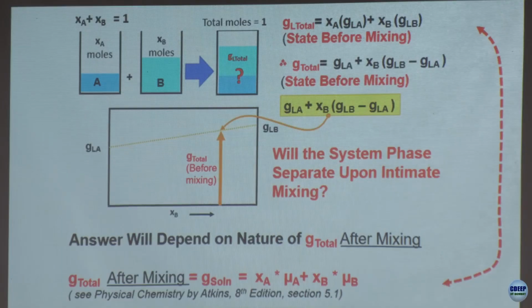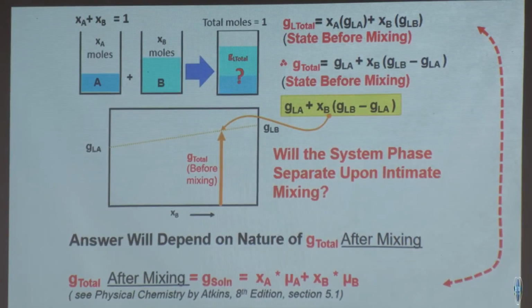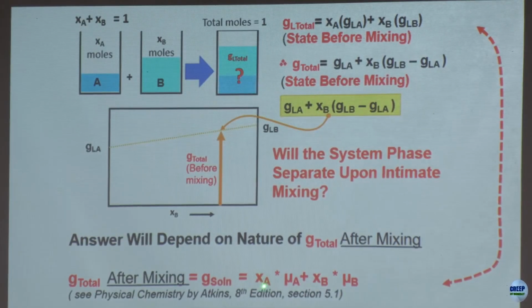It is also apparent that the chemical potential of A is nothing but the partial molar Gibbs free energy of the system when A is changed, keeping the other composition constant.